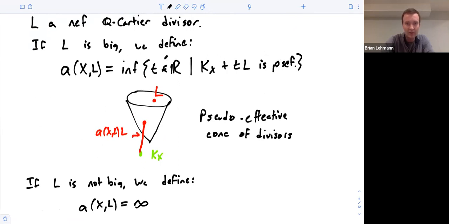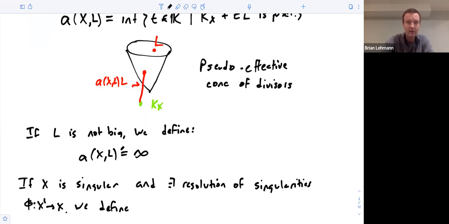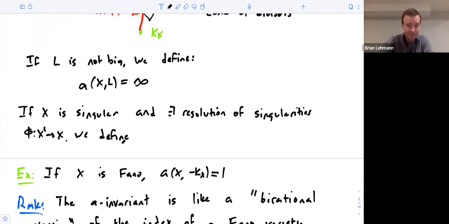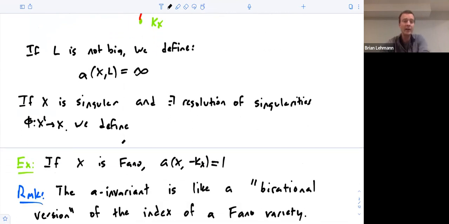We should view this as an exceptional case, so we just formally set it to be infinity. Finally, if X is singular, and if we assume that it admits a resolution of singularities, we define the Fujita invariant to be the Fujita invariant of the pullback of L to the resolution.